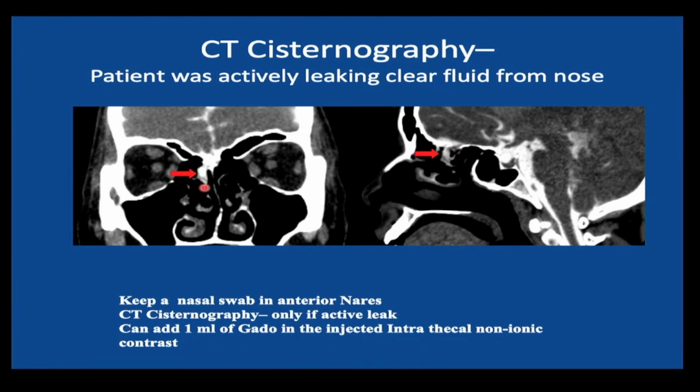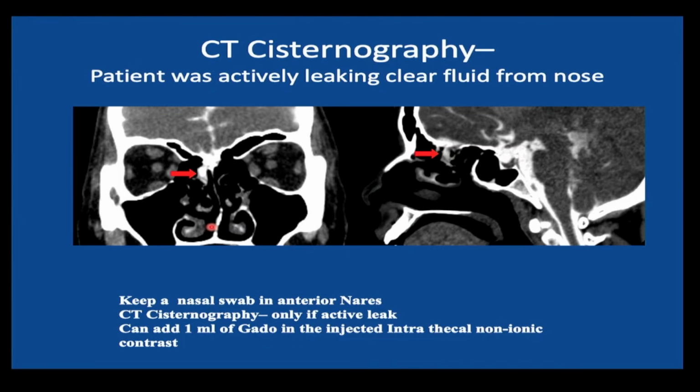Don't forget to put nasal swabs in the anterior nares because you want them to opacify, correct? Sometimes you may not be able to see the leak very well. You're seeing a defect but not exactly the leak. But if that right side nasal swab gets opacified with the contrast and it lights up, then you know that is leaking.